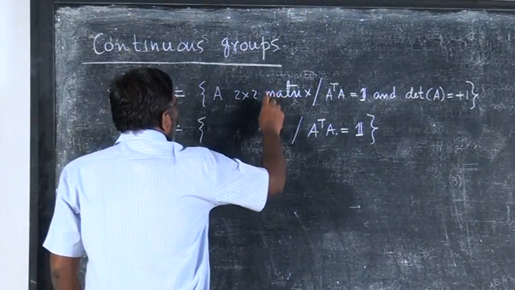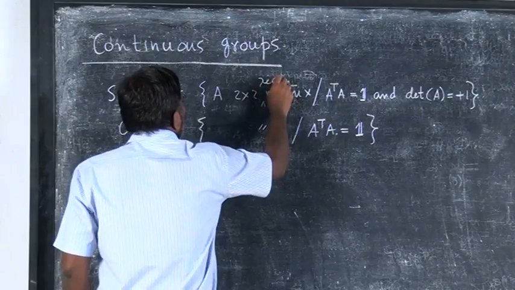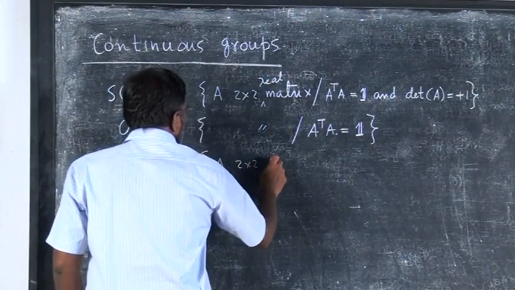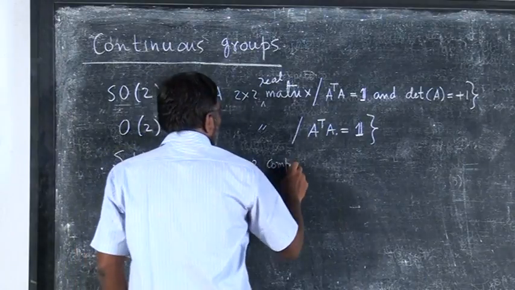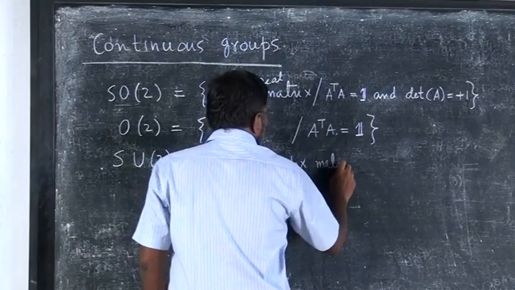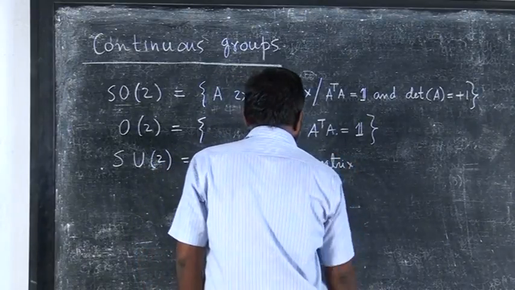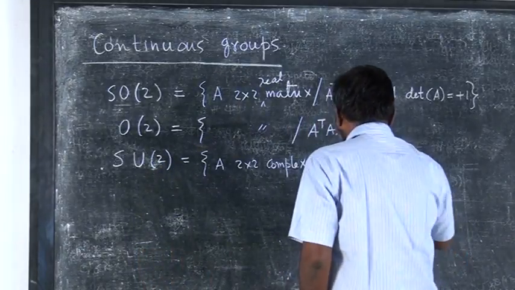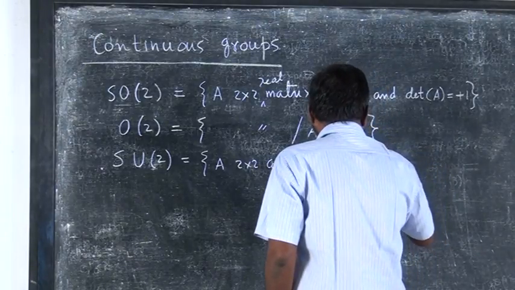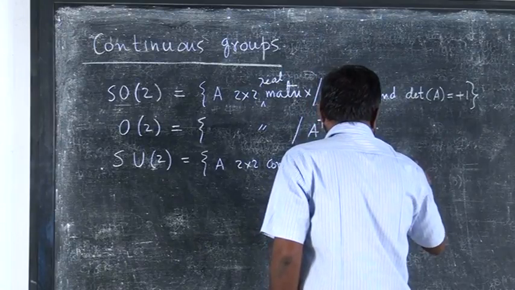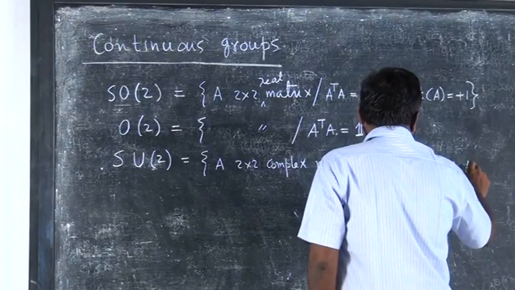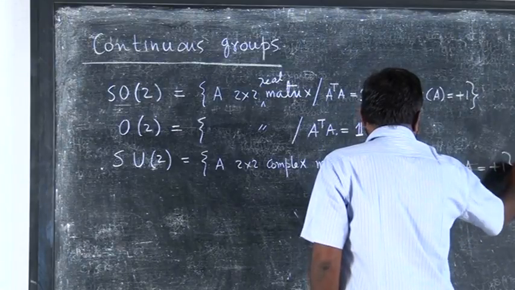This is actually a real 2 by 2 matrix, and here you have a complex 2 by 2 matrix. Complex 2 by 2 matrix such that A dagger A is equal to identity and determinant of A is equal to +1.